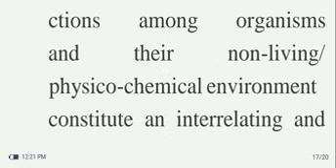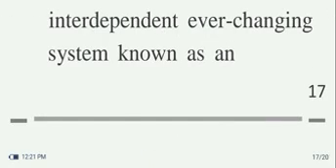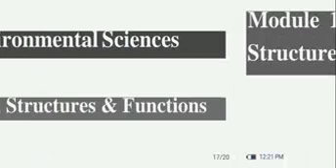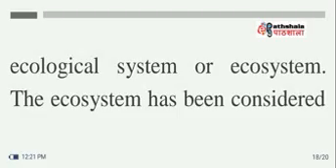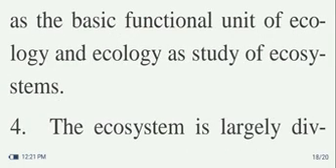The functional interactions among organisms and their non-living physico-chemical environment constitute an interrelating and interdependent ever-changing system known as what is called ecological system or ecosystem. This is a basic functional unit of ecology. Ecology as study of ecosystems.